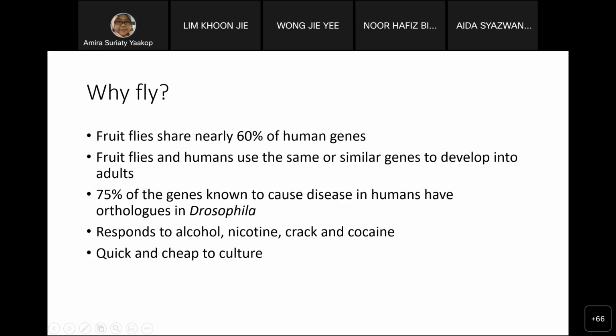Alright, okay. So last point for Drosophila is it's quite cheap and quick, alright, because it has a short lifespan. So basically, kalau you guys perasan, all the model organisms ada very short lifespan, so that it'll be easier for researchers to study the before and after effect.